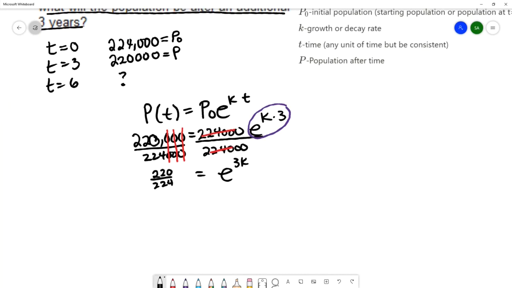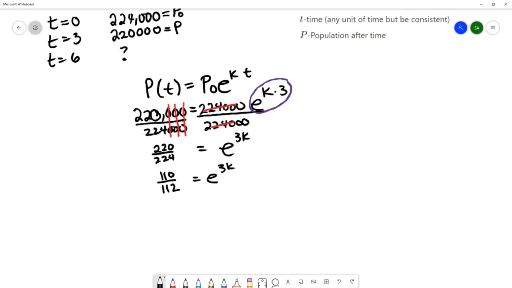So that would be 110 and 112. I think we can reduce it a little bit more. Let's see, 110 divided by 2 would be 55, and 112 divided by 2 would be 56.